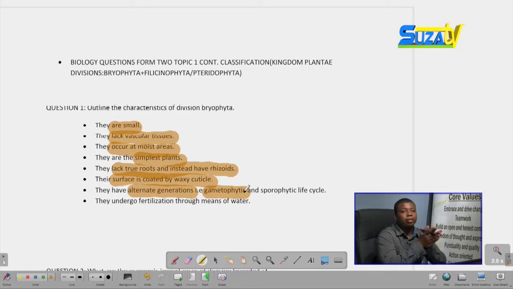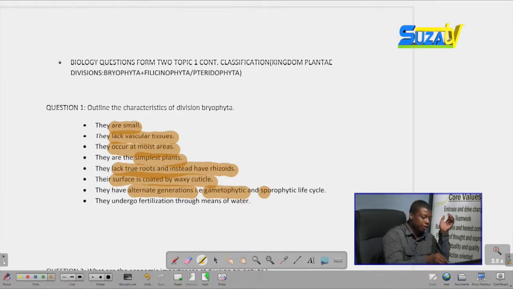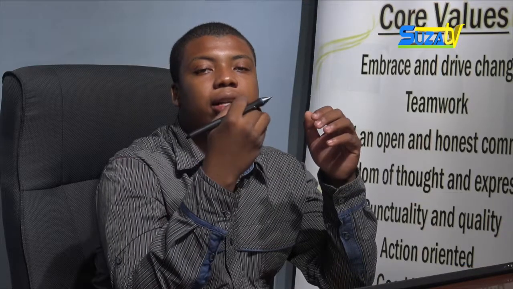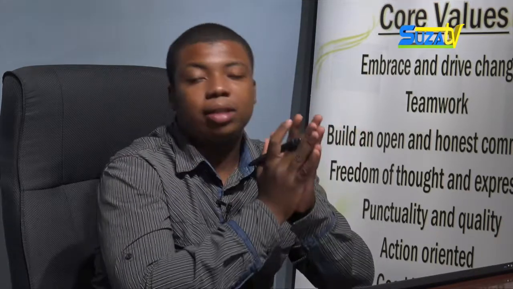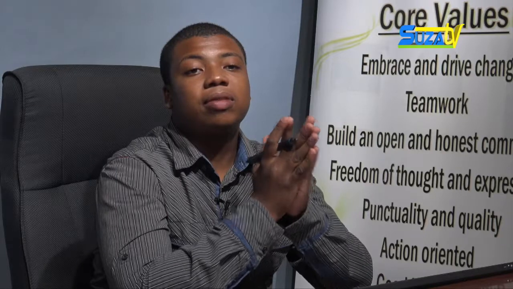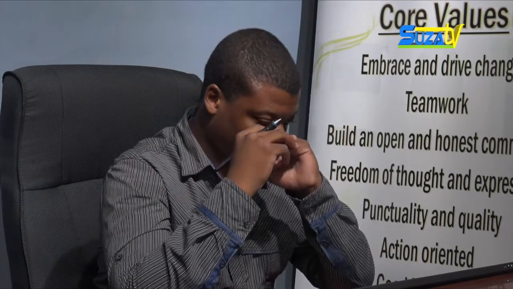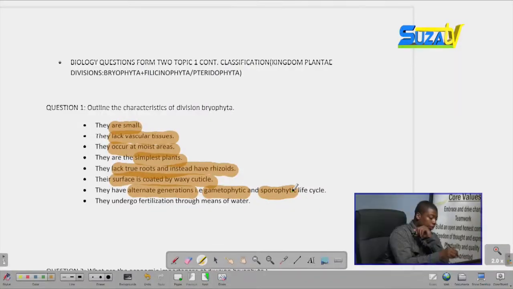That is what the gametophytic stage means. While the sporophytic life cycle means that some spores are released. So in the sporophytic life cycle, members of division Bryophyta release spores also. They undergo fertilization by means of water.